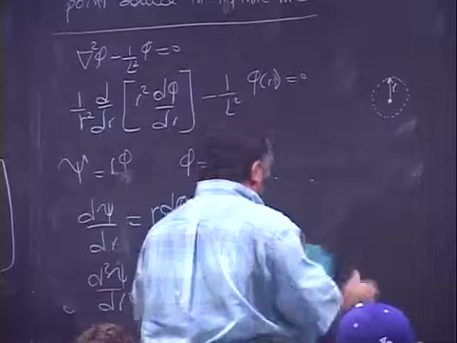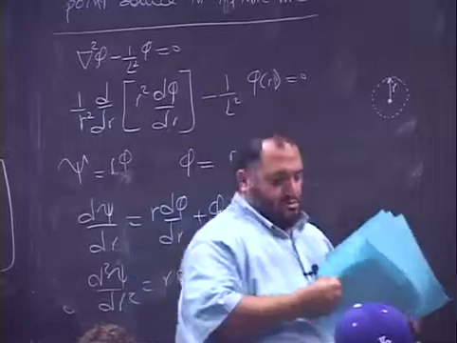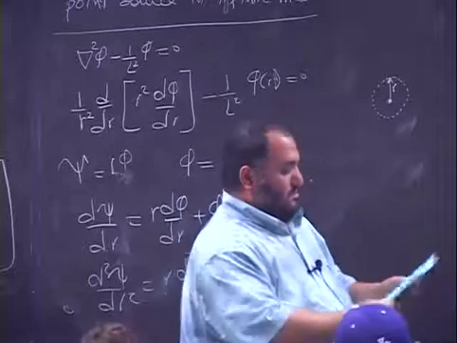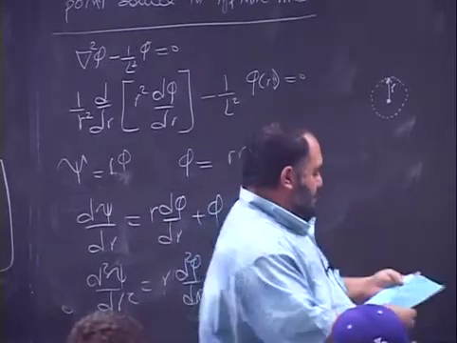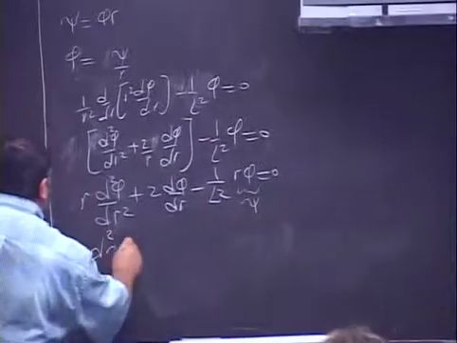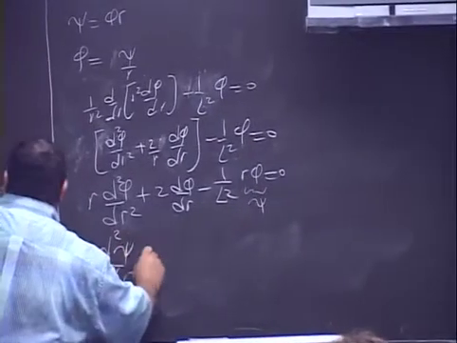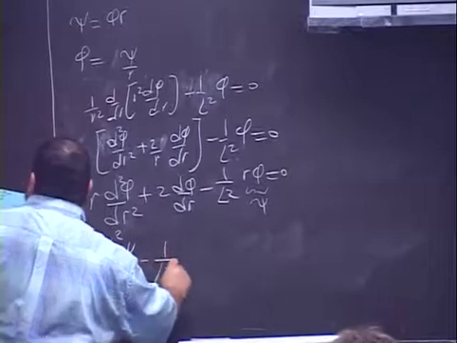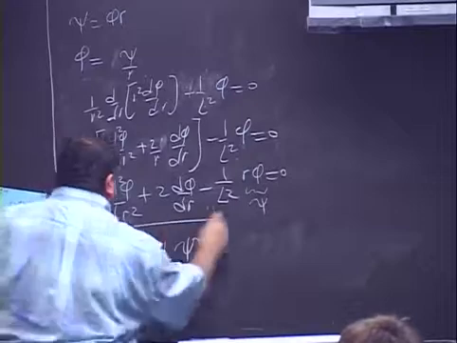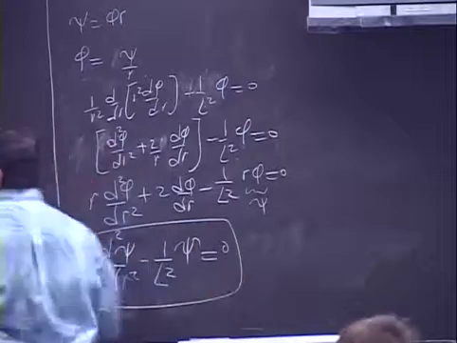So you will transform the equation to d2 psi by dr square minus 1 over L square psi equal to 0. And this is the equation I told you that you have to solve.